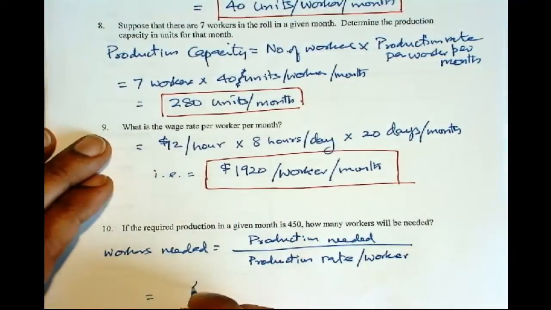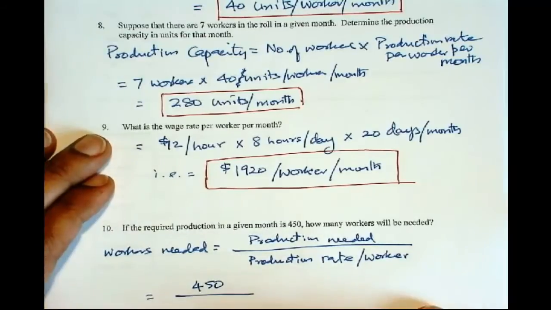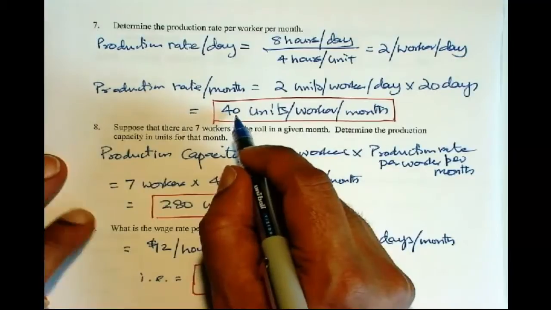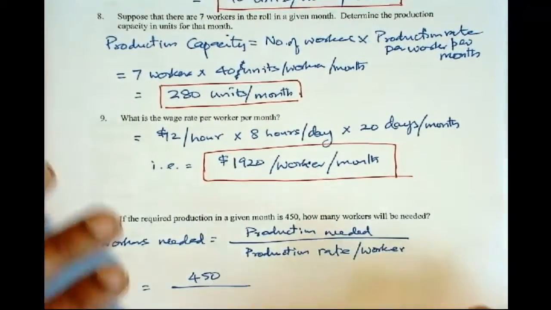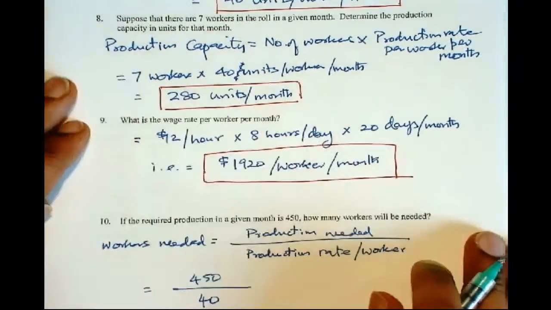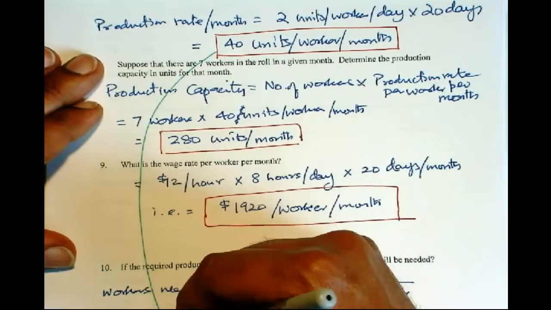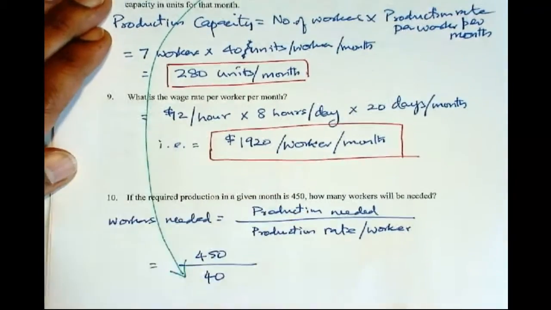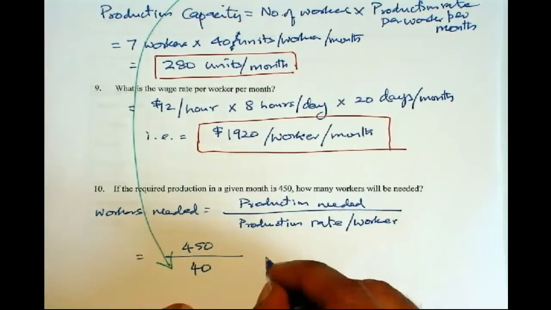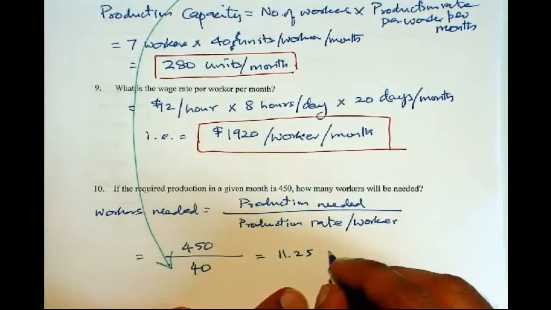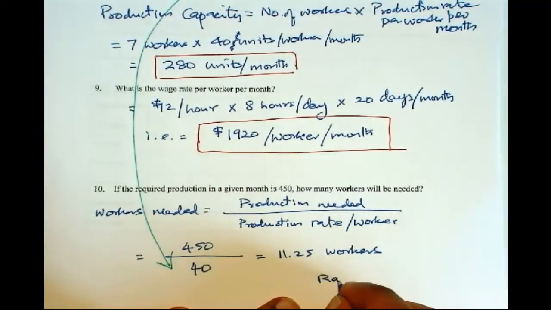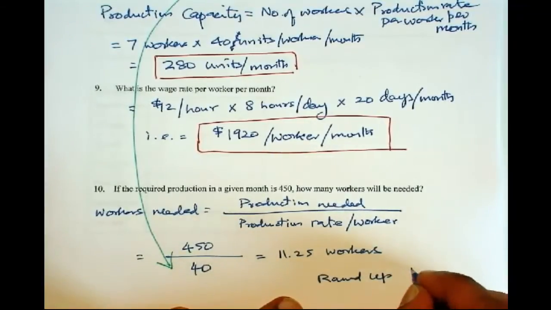So for 450 then, 450 divided by how many units can one worker produce per month? So that's here 40. So use that 40 here. So that comes from there. So that is equal to 11.25 workers. If we want, we can round up to 12.